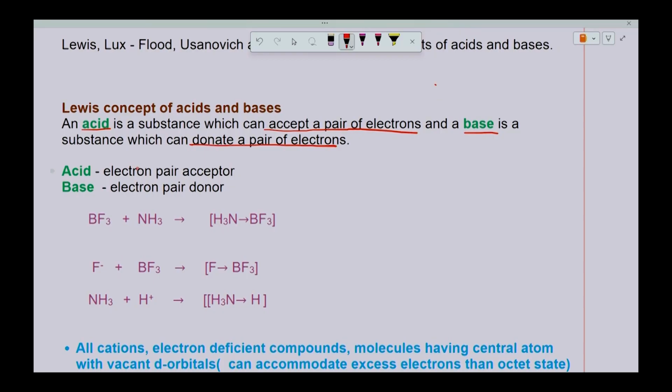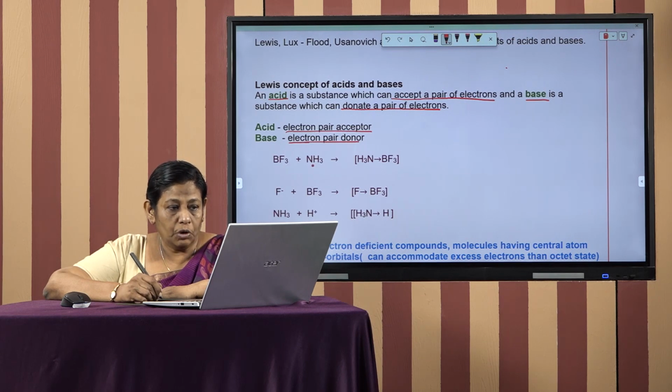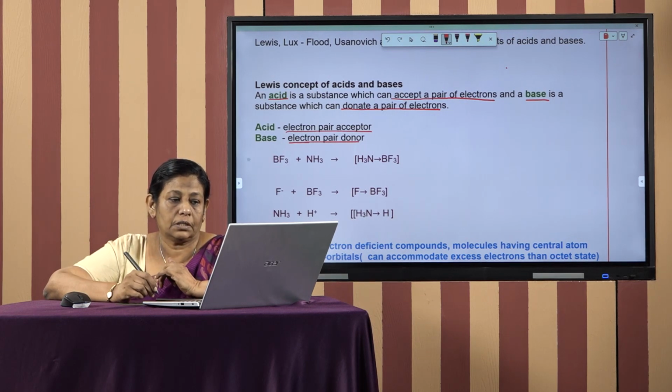See, an acid is considered an electron pair acceptor, and a base is an electron pair donor. Now, here we have two molecules, boron trifluoride and ammonia. They combine to form a complex.